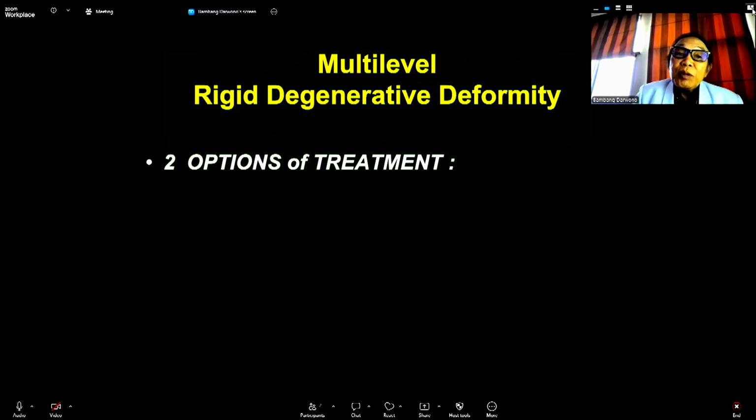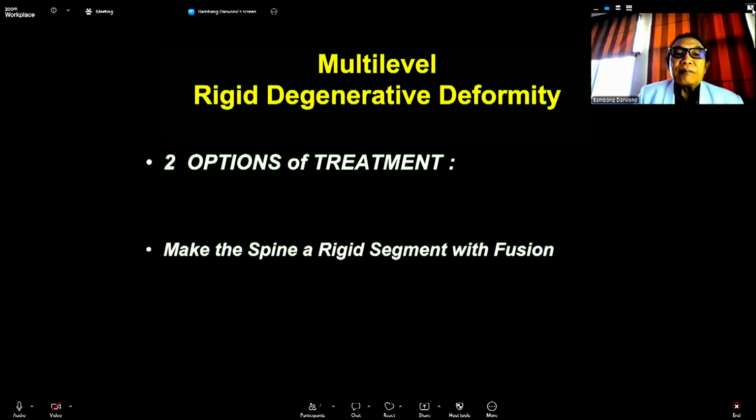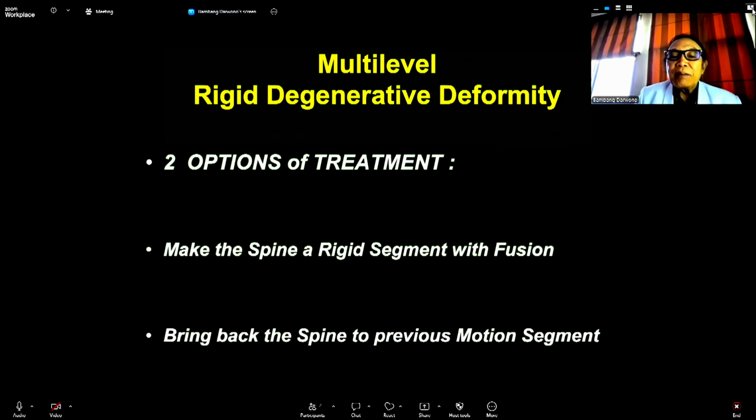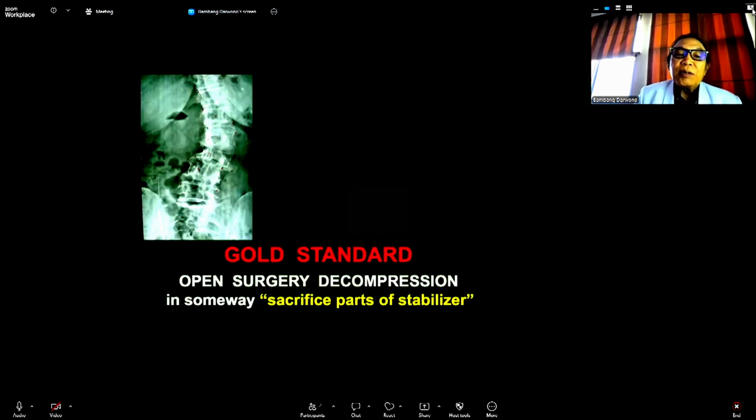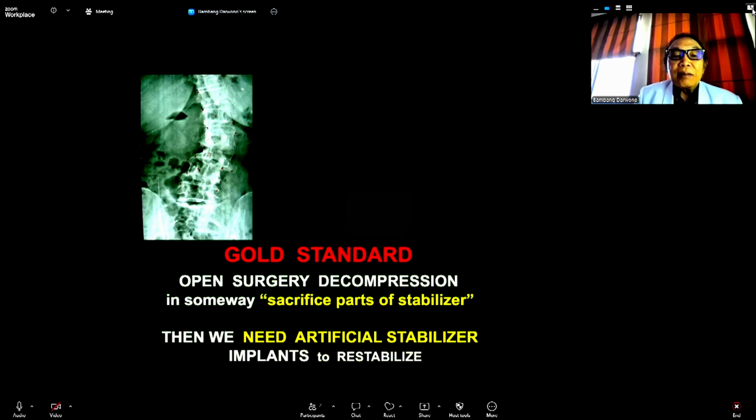So in multi-level rigid degenerative deformity, there are two options of treatment: make the spine a rigid segment with fusion, or bring back the spine to its previous motion segment. The gold standard, open surgery decompression, in some way will sacrifice part of the stabilizer, and then we need an artificial stabilizer, an implant, to restabilize.